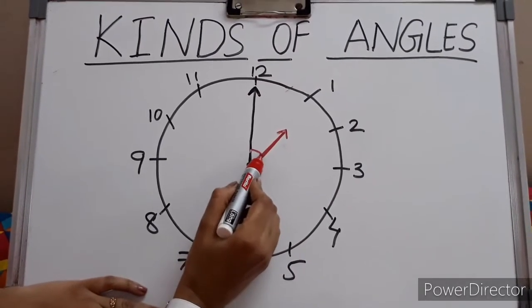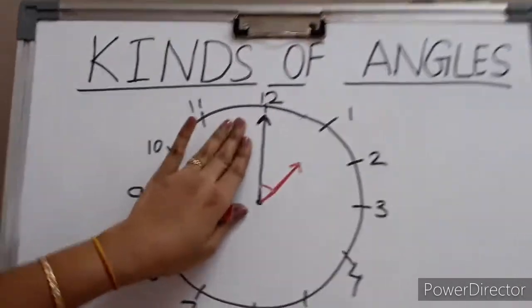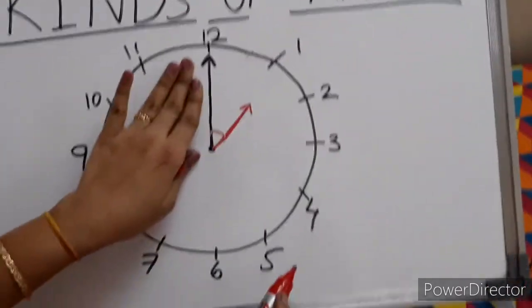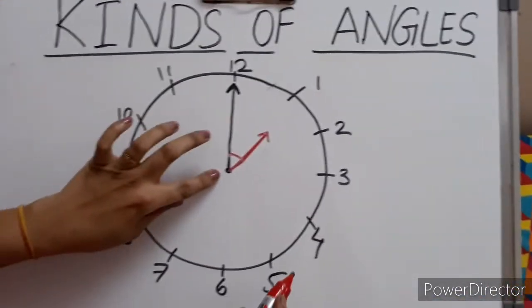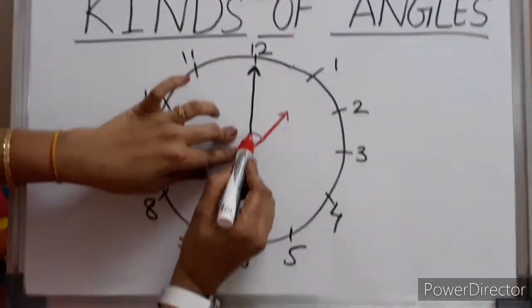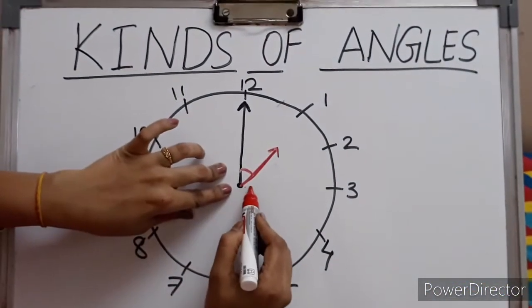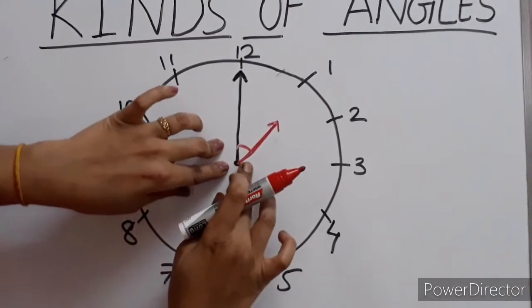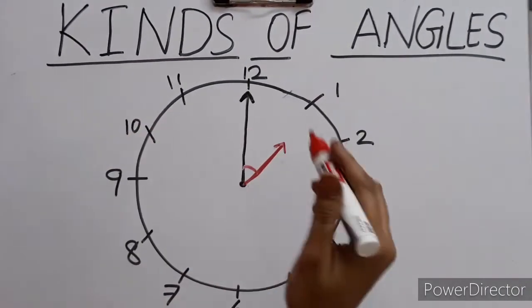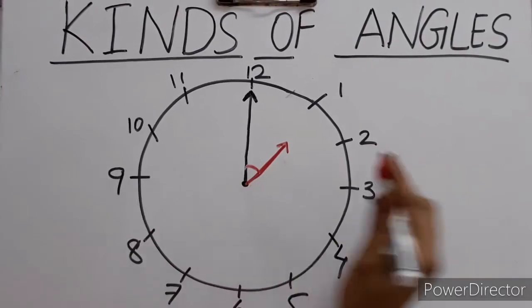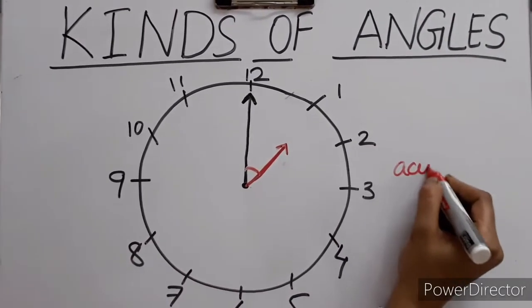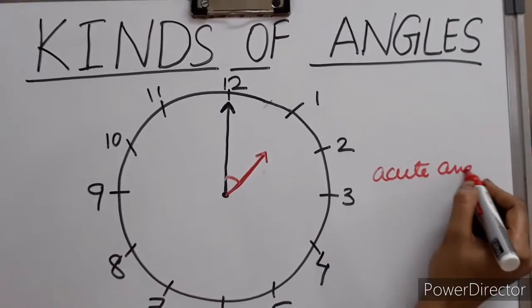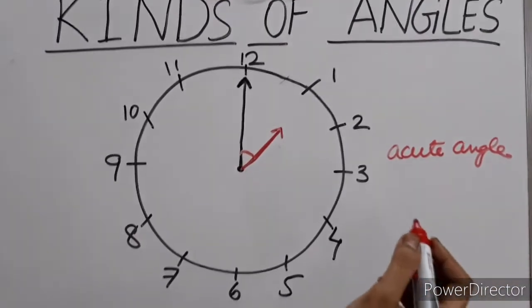This is the angle formed. Now if we take this minute hand as a base arm, then you can see here that 90 degree is this portion. So this is less than 90 degree. That means the angle formed here is an acute angle. Okay.